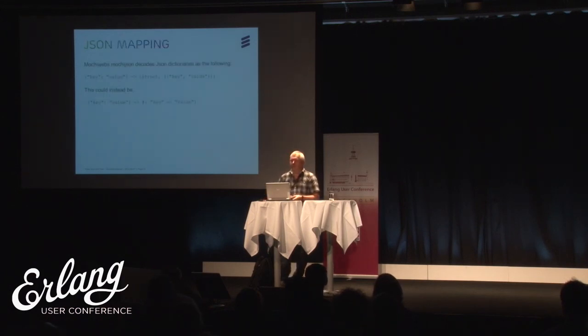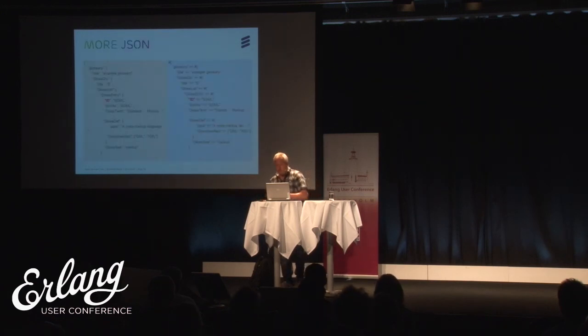Here's an example of the JSON mapping. It's quite straightforward. Here's the JSON structure, or here is the old Erlang representation in the library mochijson. And it goes along the same lines for other JSON libraries as well. Here it could be like this, that the JSON key value is represented, of course, by a map with key value. And here's a bigger example of a JSON structure, and here is the map.